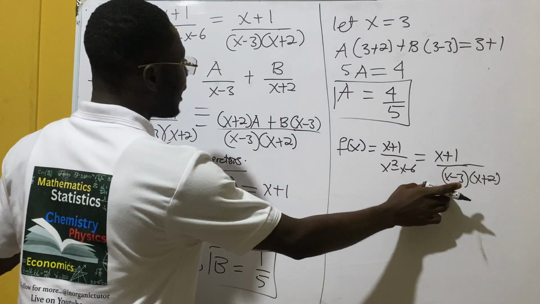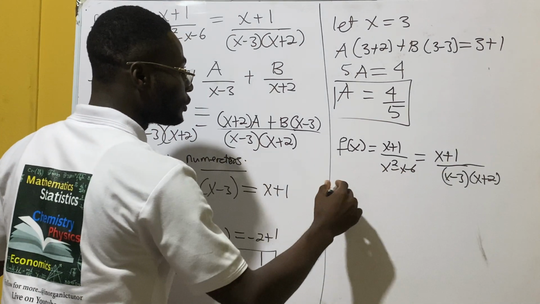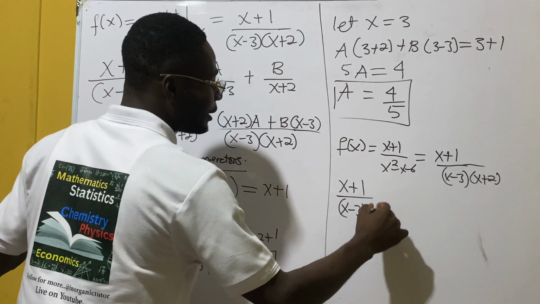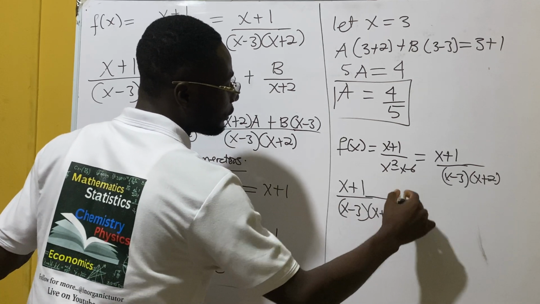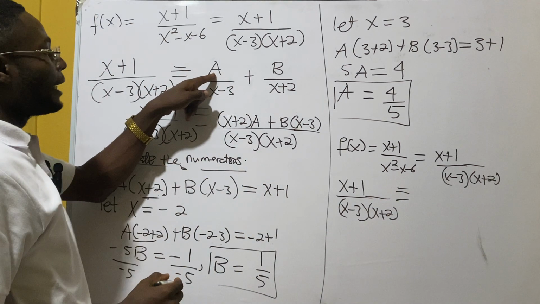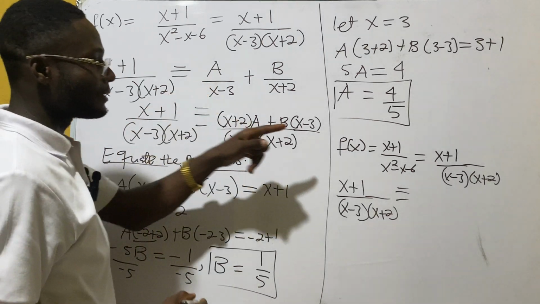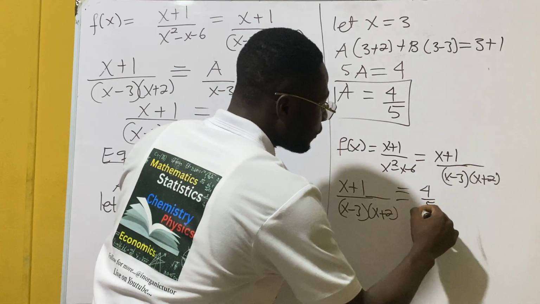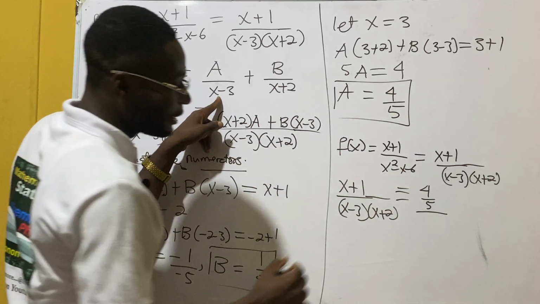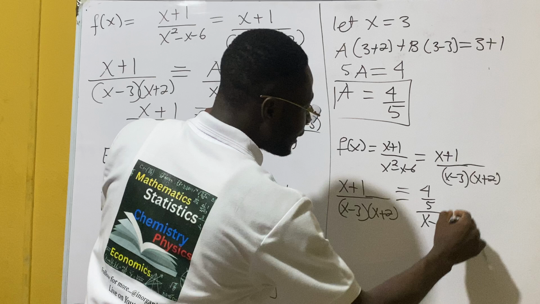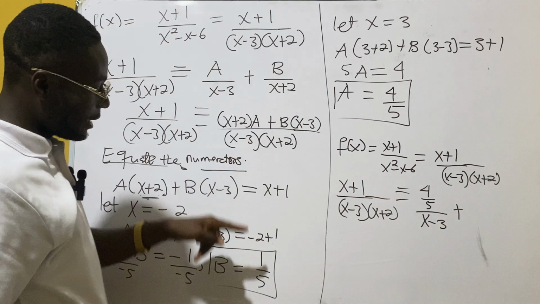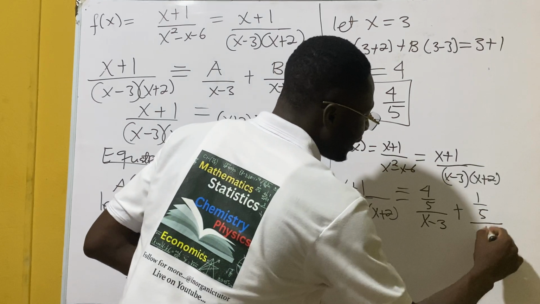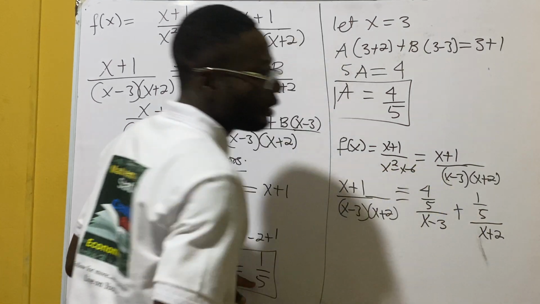This is basically equivalent to, now our A is 4 on 5. So we have 4 on 5 over x minus 3, plus our B is 1 on 5. So we have 1 on 5 over x plus 2.